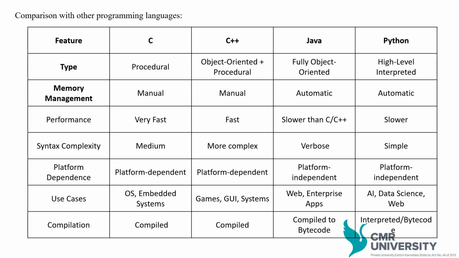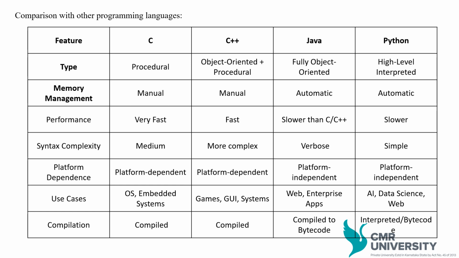Next is platform dependency. C and C++ are platform dependent, but Java and Python are platform independent. Use cases have been studied in the introduction part. C is used in operating systems and embedded systems. C++ is used in games and GUI systems.